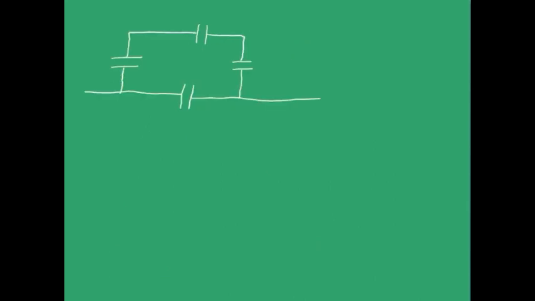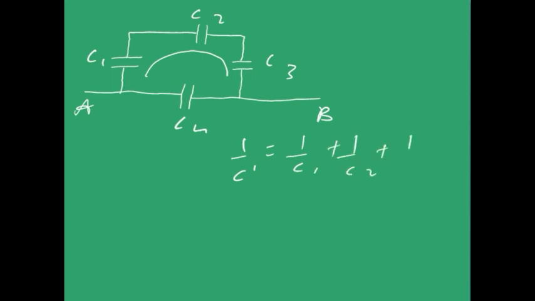Let's move forward. Let's solve a problem here. This is capacitor 1, capacitor 2, 3 and 4, and I want to replace this system by a single capacitor across these points A and B. I mean I want to calculate the net effective capacitance. You see this C1, C2, C3 are in series connection, so the net effective capacitance of these three capacitors will be C dash, which is 1 by C dash is equal to 1 by C1 plus 1 by C2 plus 1 by C3, and this C dash and C4 are in parallel connection.